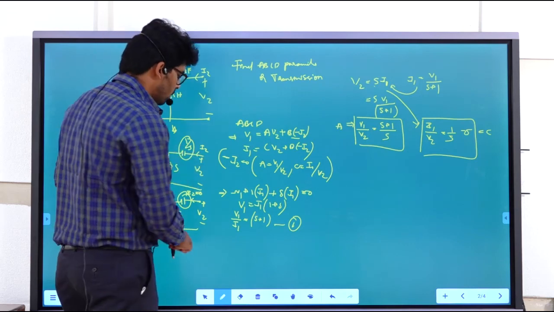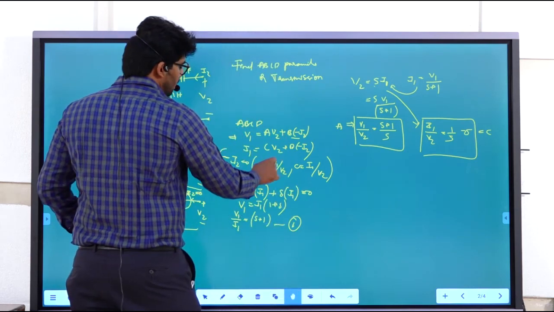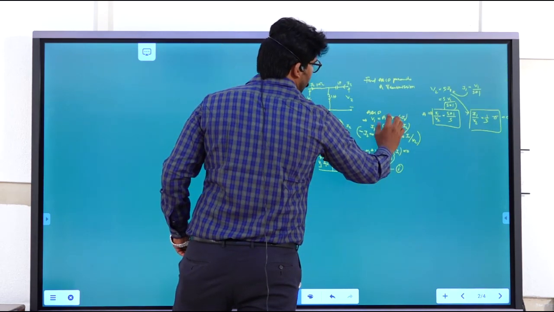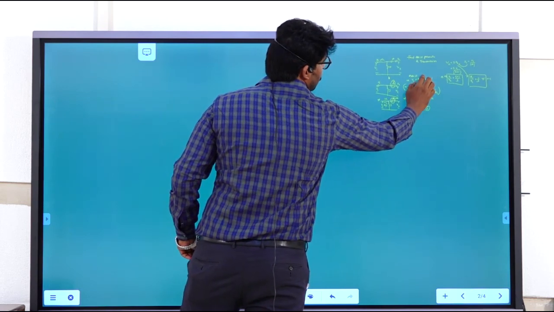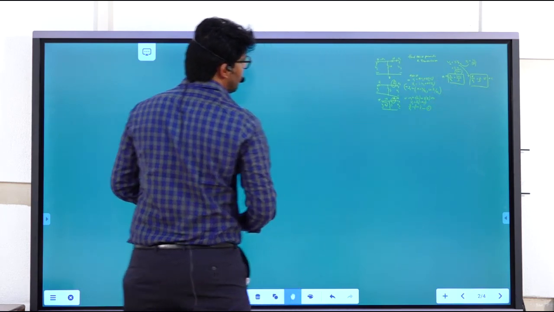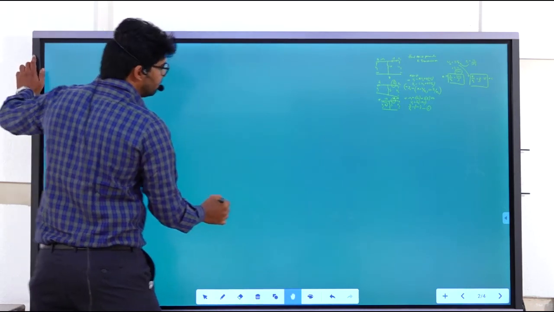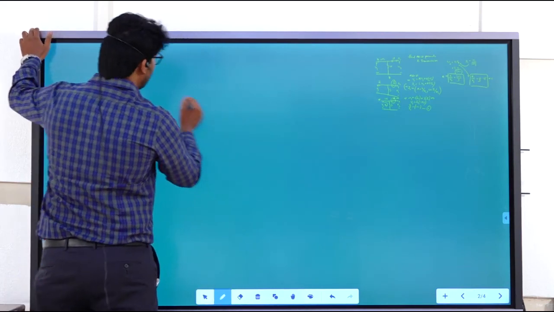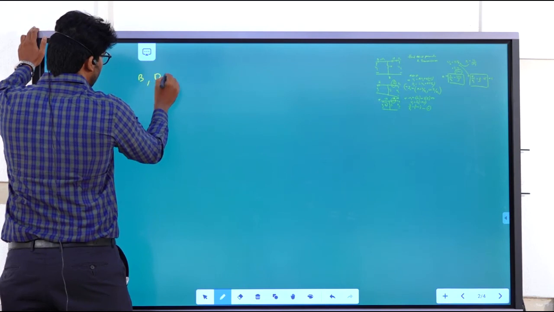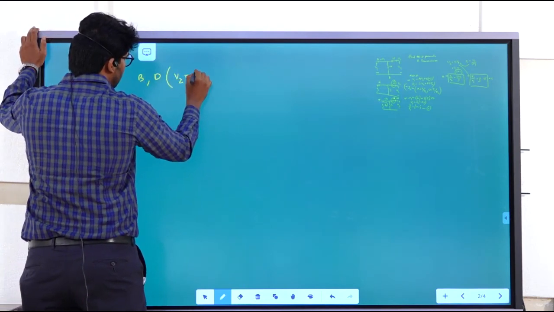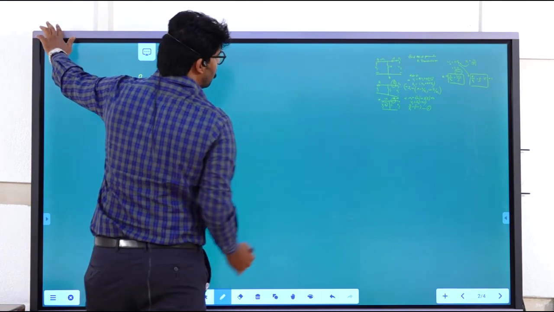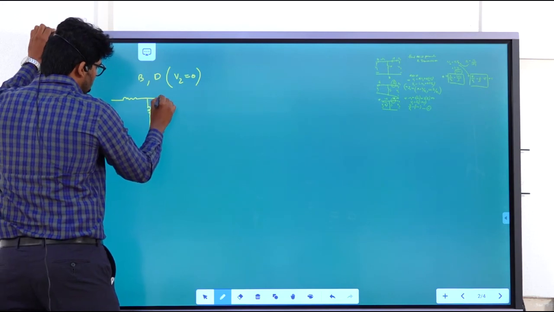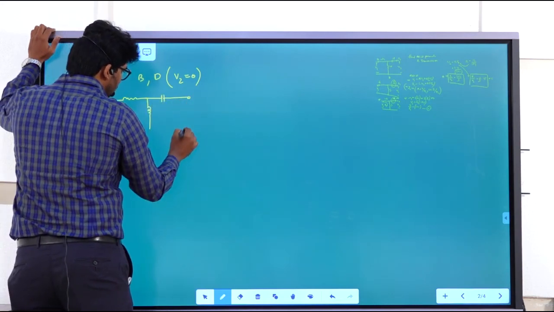Okay. Now we'll find the B, D parameters by making V2 equal to 0. So we'll see how. To find parameters B and D, we make V2 equal to 0. If we make V2 equal to 0, what will the circuit become?